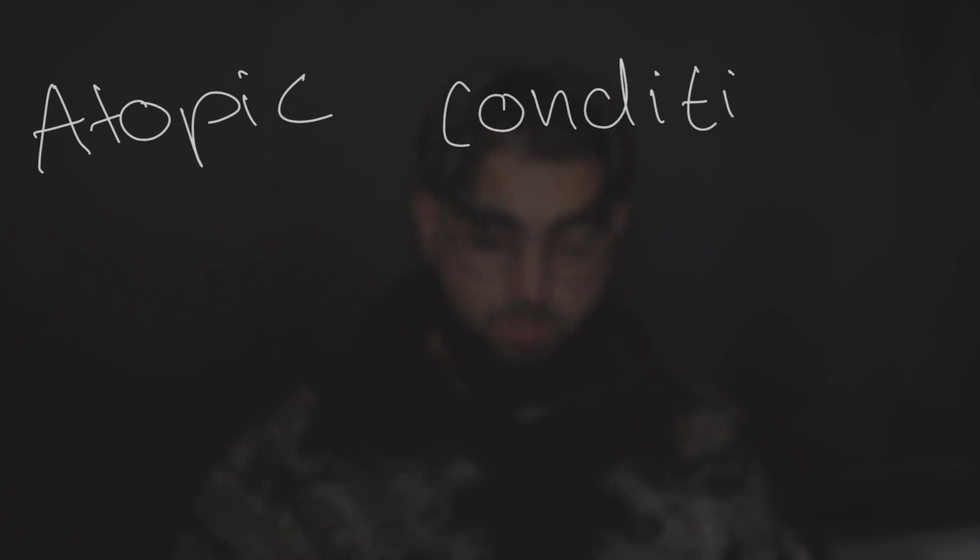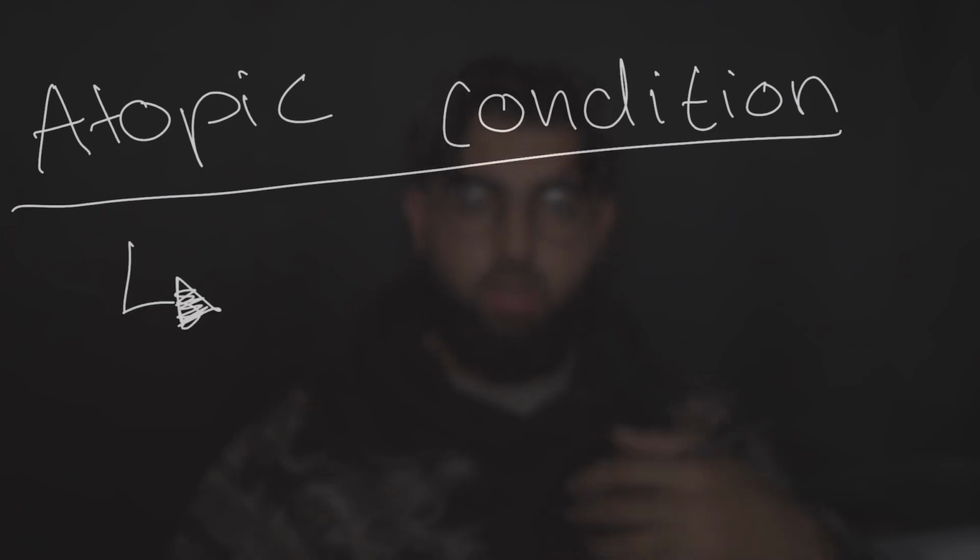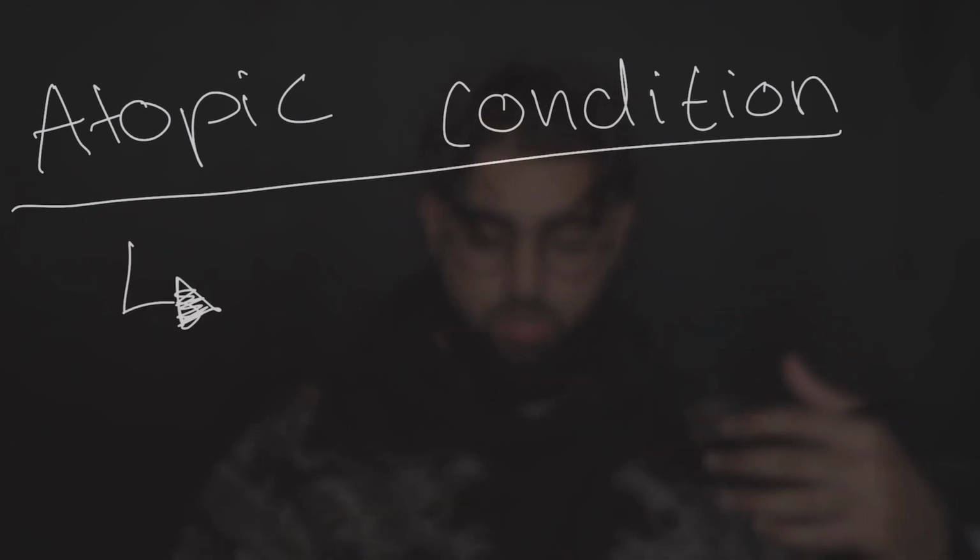Now, one other important thing to mention here is that asthma is also known as an atopic condition. Let's understand what this means. Atopic conditions are an umbrella term that means that there is a group of conditions that may coincide within patients and oftentimes run in families.